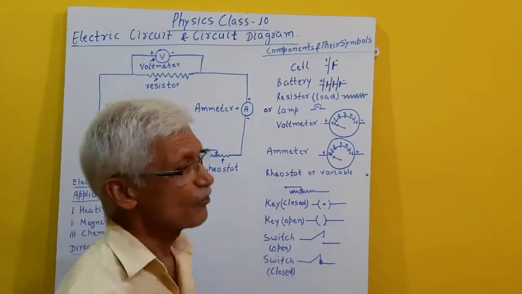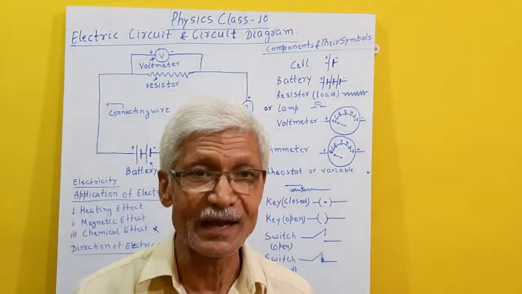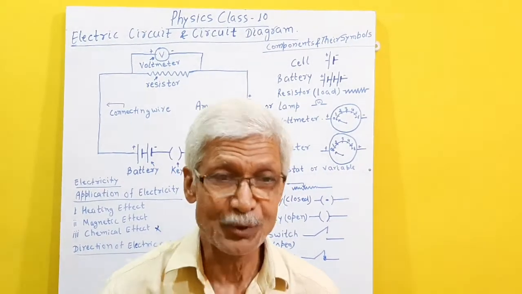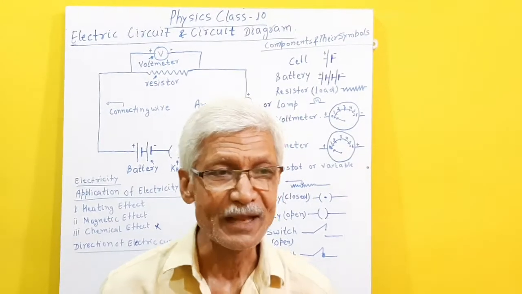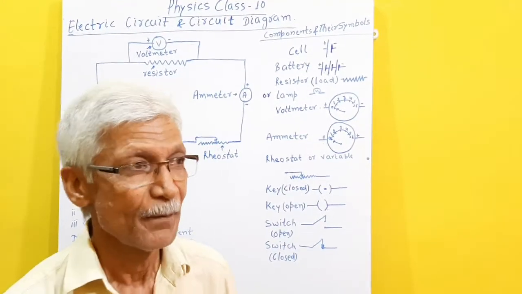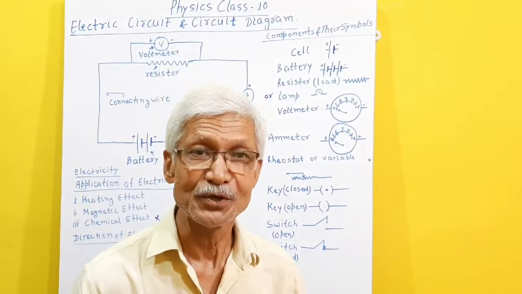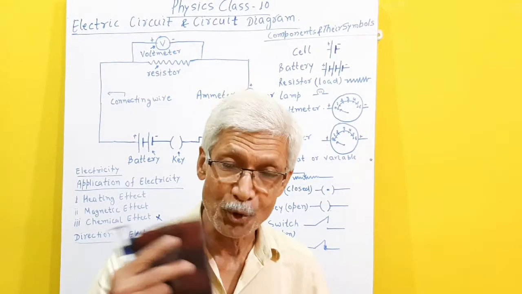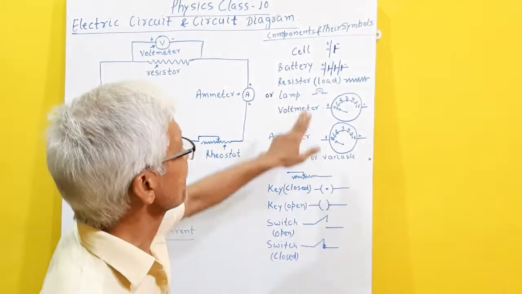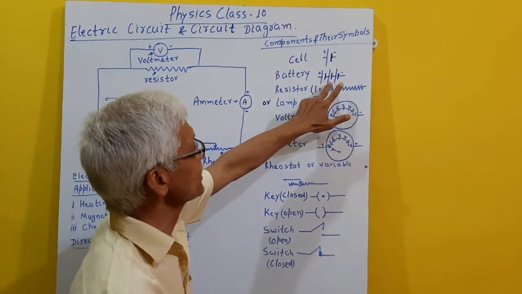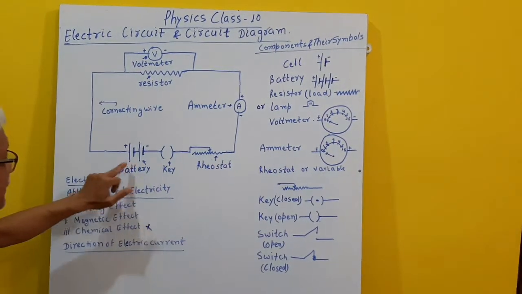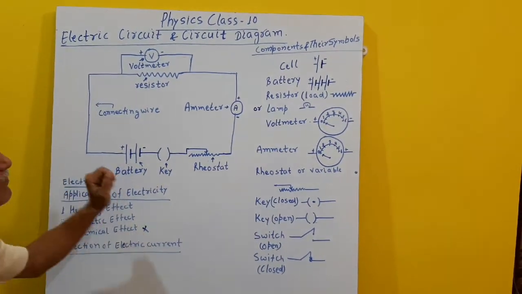Now, the battery. When two or more cells are connected together in series, they form a battery. A battery consists of more than one cell. Here, this is a battery of 3 cells. Here, a battery of 2 cells.